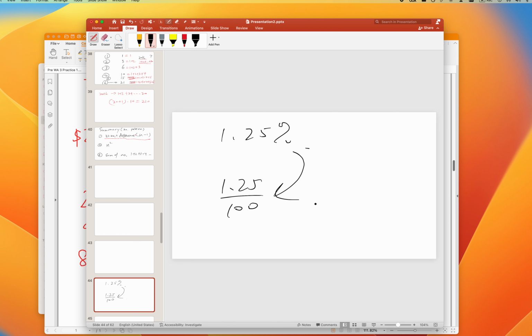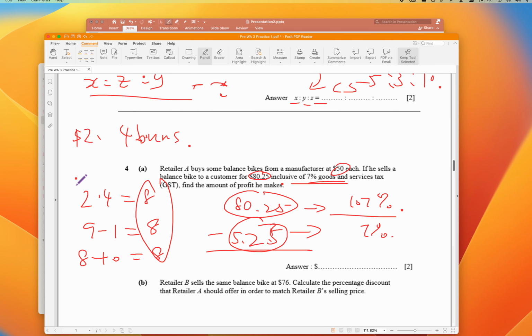But if you look at this question, the way the question is phrased, I never see any percentage like 7 over 107. Understand me? I see a 7%. You can tell me 7% is 7 over 100. I accept this one. No more than that.